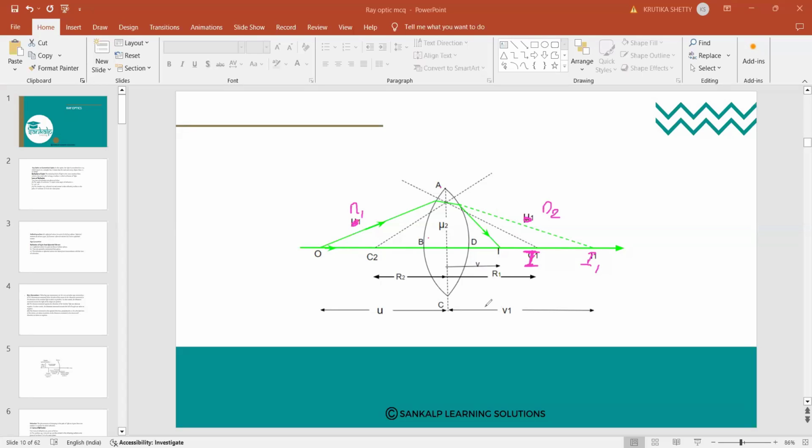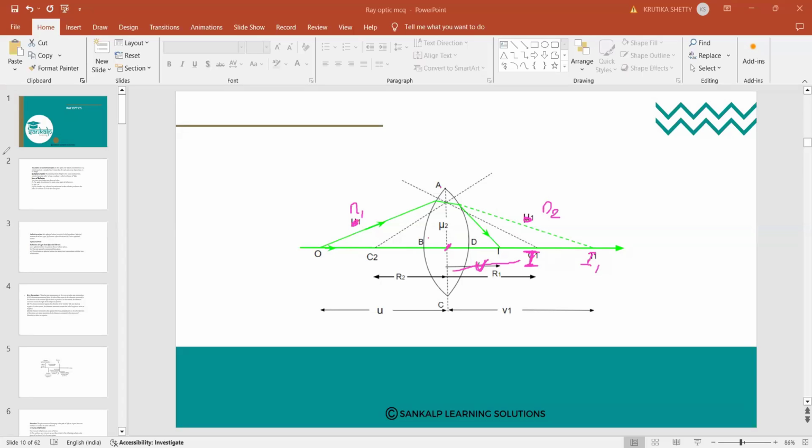Here is one more, that is V. From the optic center, the first image is at a distance of V. This is V, this is V1.